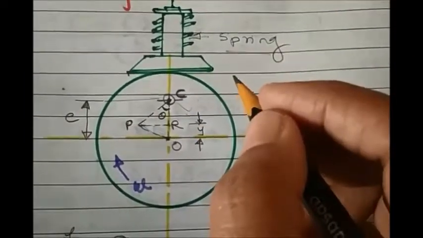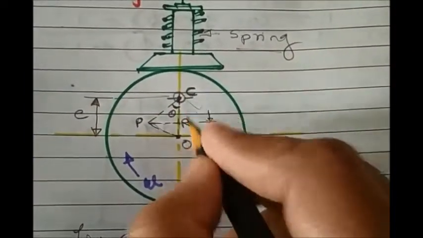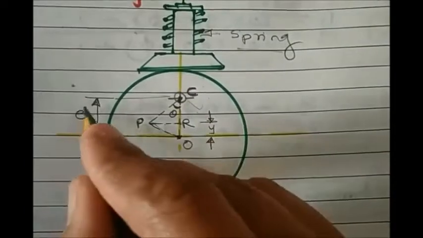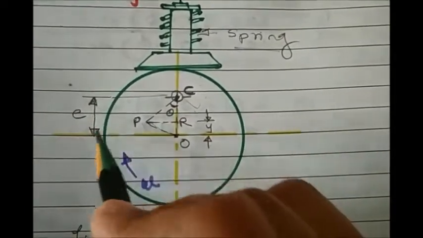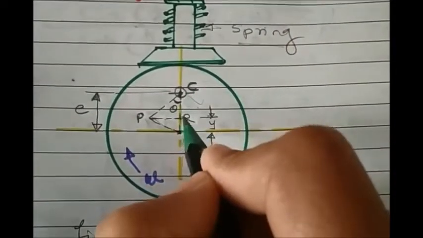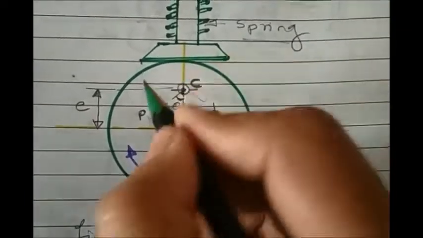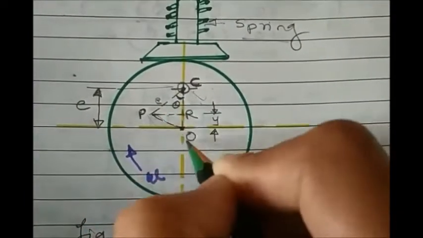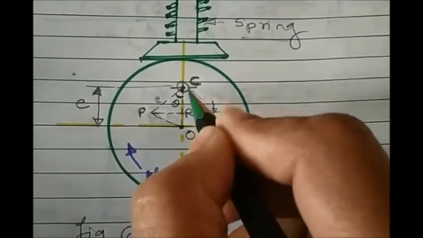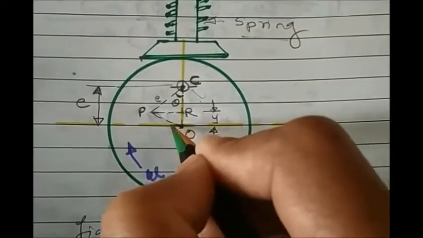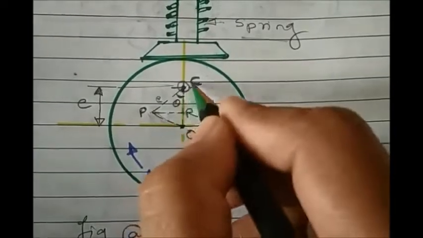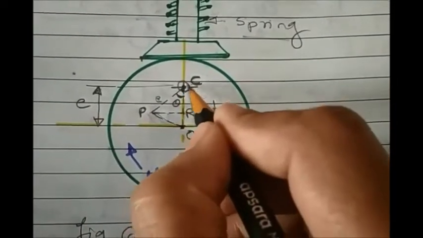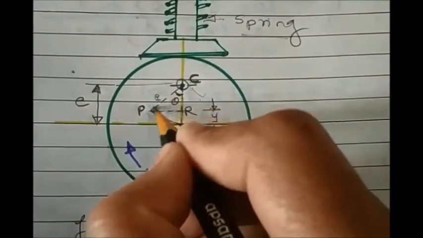Now as we can see, this distance O to C is equal to the eccentric distance, and CR can be calculated this way: when CO is rotated with an angle theta, it becomes PC. Again that PC distance is equal to E.